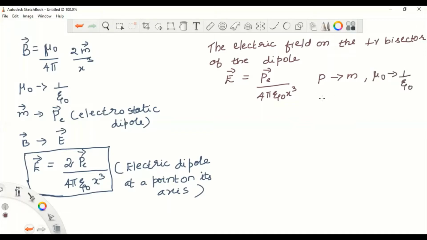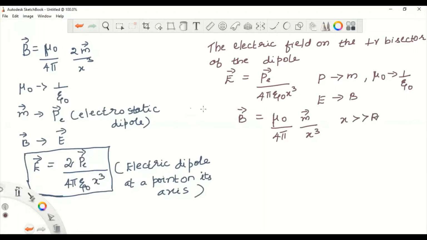Similarly, replace this E by B. So what will we get then? So B vector is equal to mu naught by 4 pi, M by x cube. Here x will be very, very greater than R.